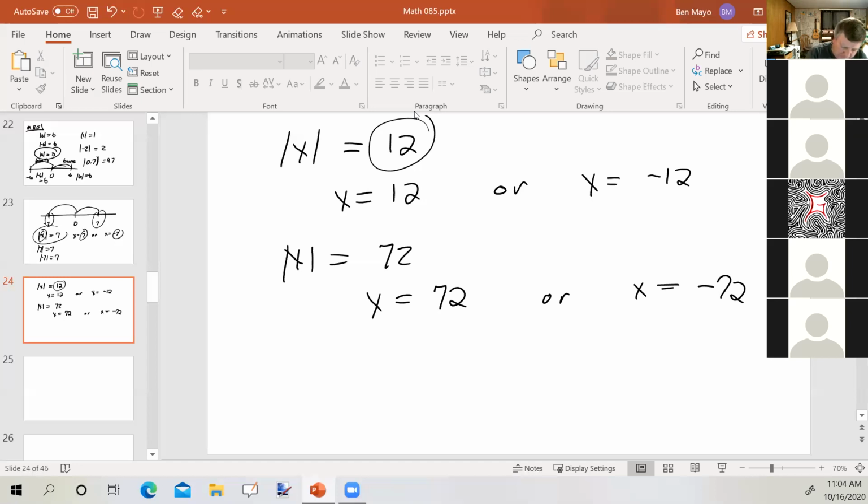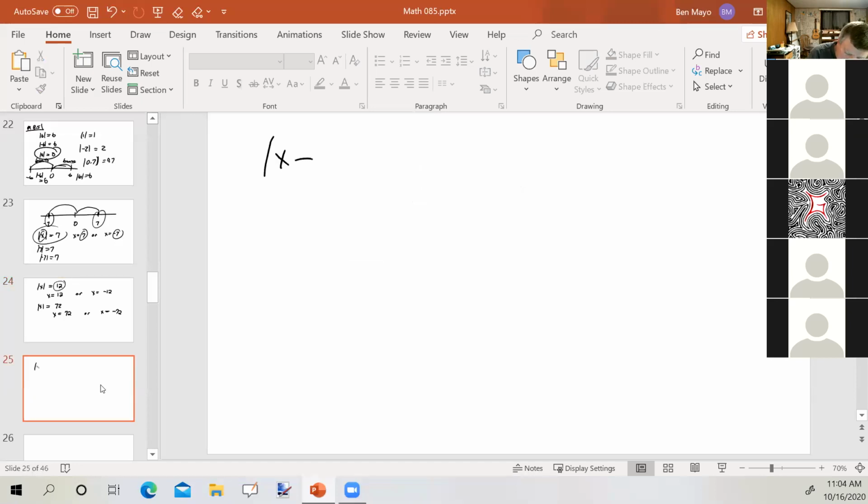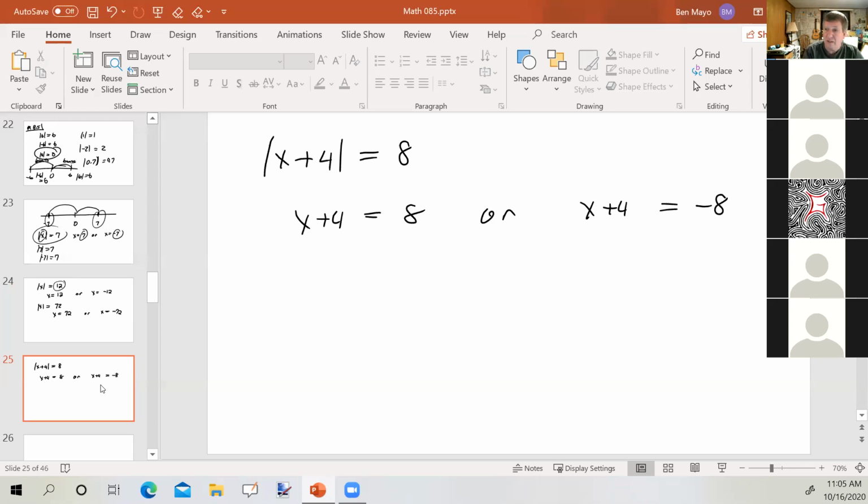Let's see if you are. Let's say the absolute value of x plus 4 equals 8. Well, then x plus 4 would either have to equal 8 or x plus 4 would have to equal the opposite of 8.